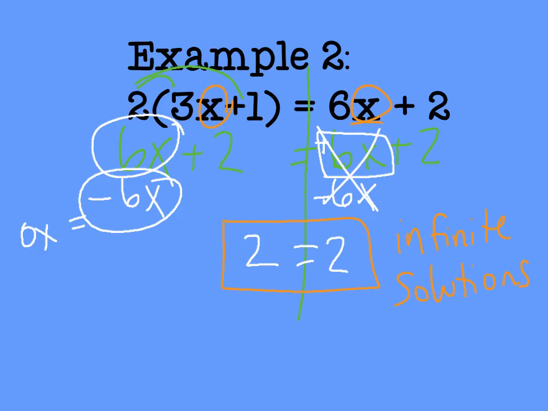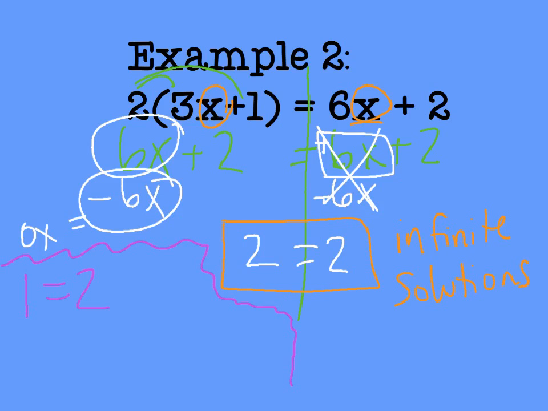Please make sure to write that down. If the statement is true, we have infinite solutions. If we have a false statement after my x's go away, in some situations, I might see something that says 1 equals 2. In this situation, it is not true because 1 does not equal 2.